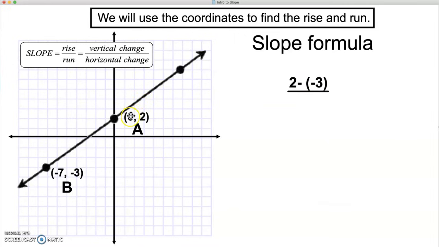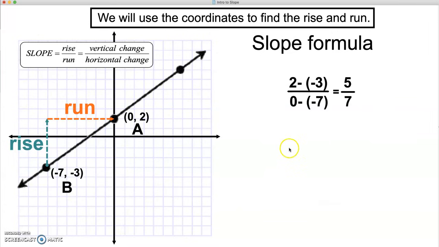We know that 0 and -7 can be used to find the run. Notice how if I started with the 2 on the top, I needed to start with the 0 on the bottom. The -3 is on the top and -7 is on the bottom. That gave us our slope of 5 over 7 that we can verify with that rise and run.